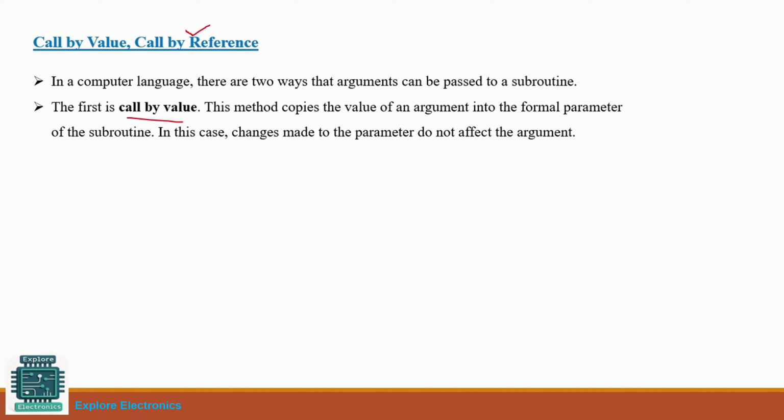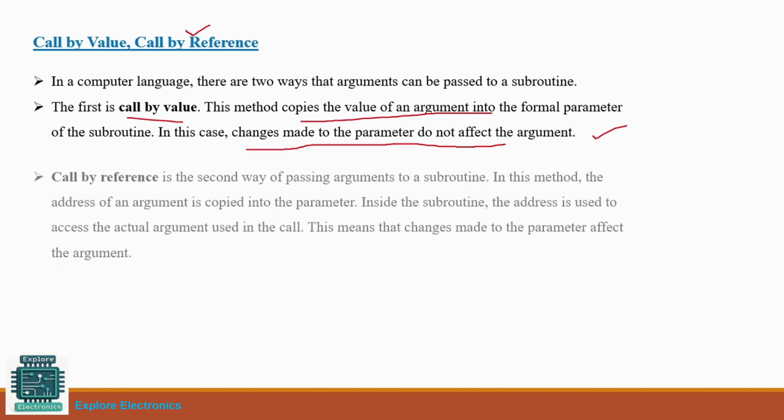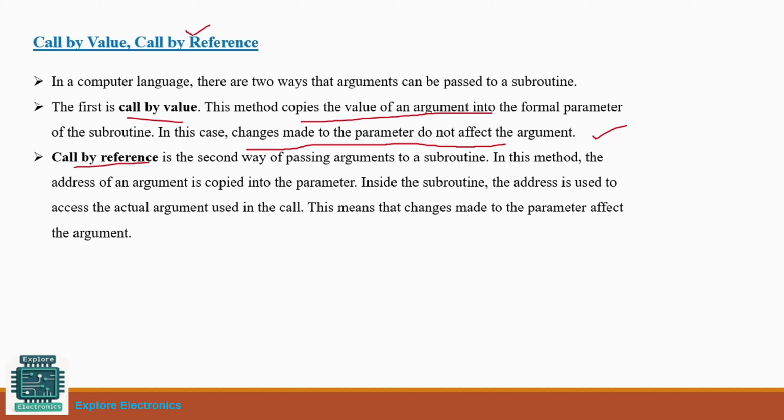In the call by value method, it copies the value of an argument into the formal parameter of the subroutine. In this case, changes made to the parameter do not affect the argument. This is call by value. The second method is call by reference.